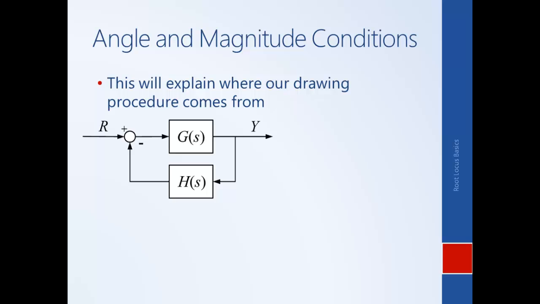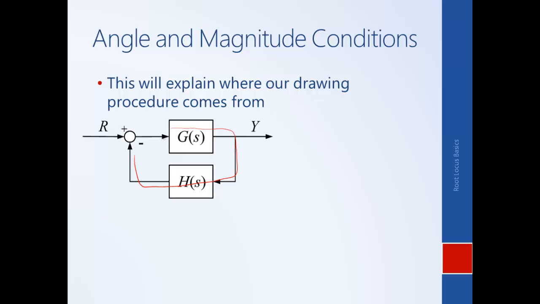So for this system, go ahead and take a second and see if you can remember what we mean by open loop transfer function. Recall that the open loop transfer function is in essence the loop. It's as if we took our negative feedback system, broke the feedback signal, and straightened it all out.